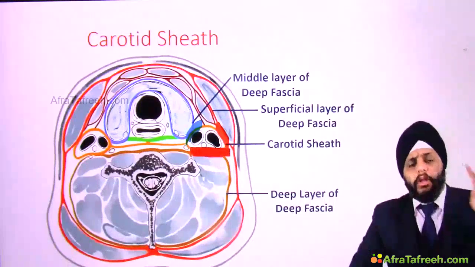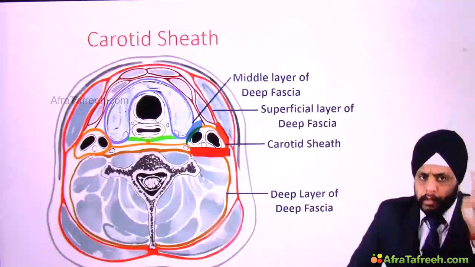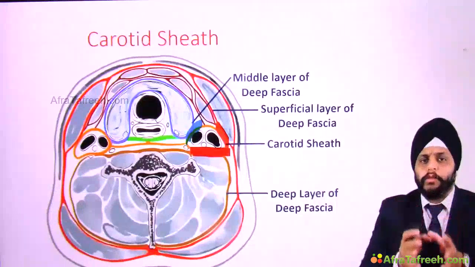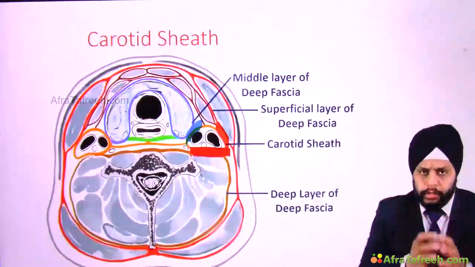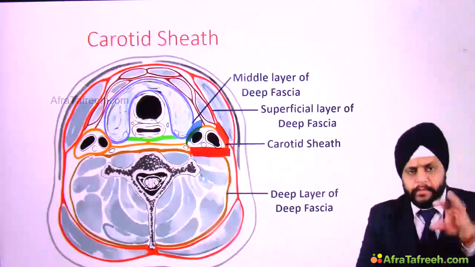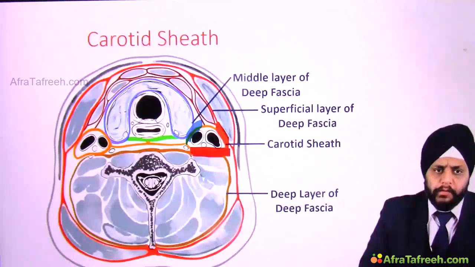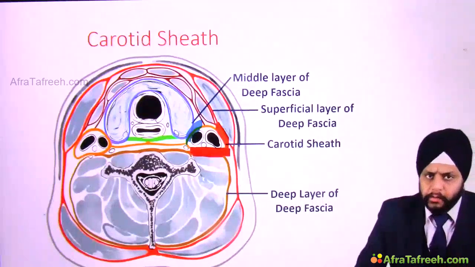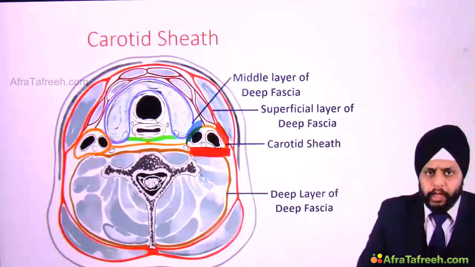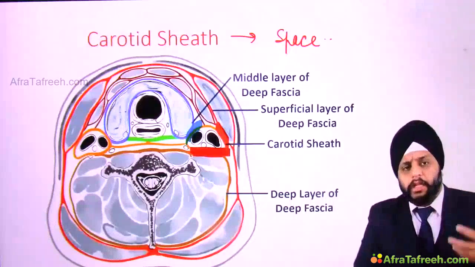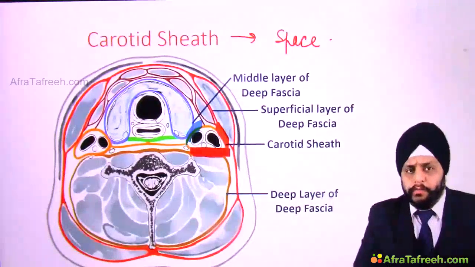So all three layers of deep cervical fascia combine and contribute to the formation of this carotid sheath. Inside the carotid sheath, there is a space known as the carotid space or carotid sheath space. What structures are present in the carotid space?